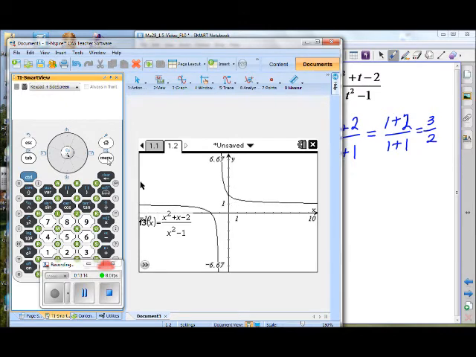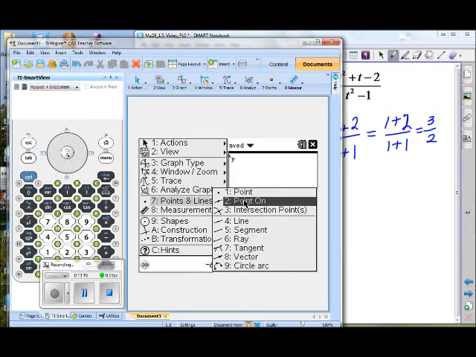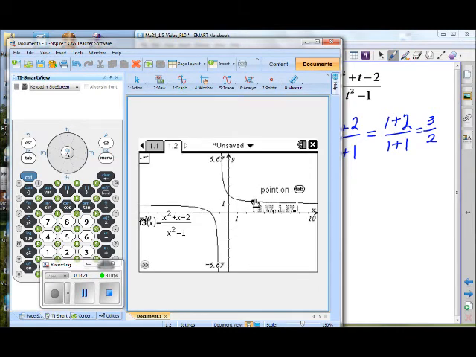So in order to make a stronger case, we'll go in here, we'll do points and lines, we'll do a point on, we'll put that point there. I'm going to hover over the input value, press enter twice, backspace delete, put a 1 in there, and let me try that one more time for us before time gets away from us.